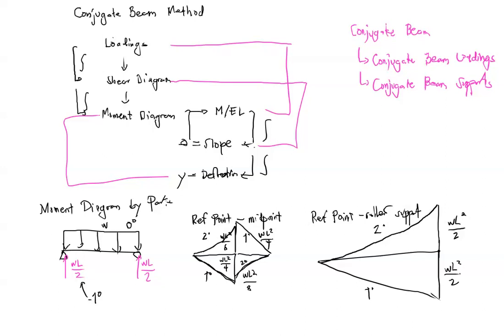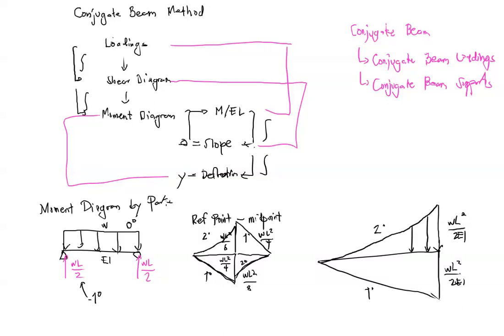Ang kaibahan lang, at this point, after mag-moment diagram by parts, yan, moment diagram by parts, if given na yung elastic na properties, pati yung iyong moment of inertia, divide lang natin by EI, ito na actually yung loading mo.